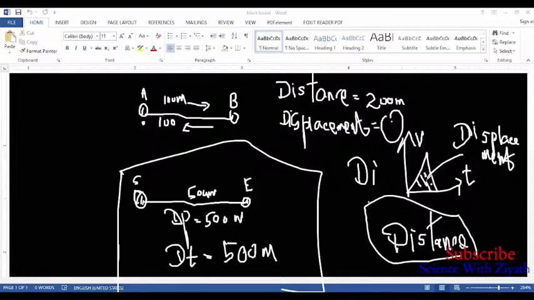Don't be confused about what type of motion this is. Only straight, one direction motion. Again, I'm saying, straight and one direction motion.